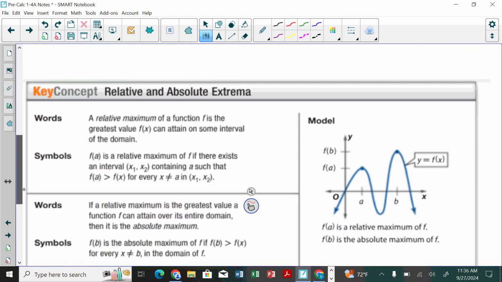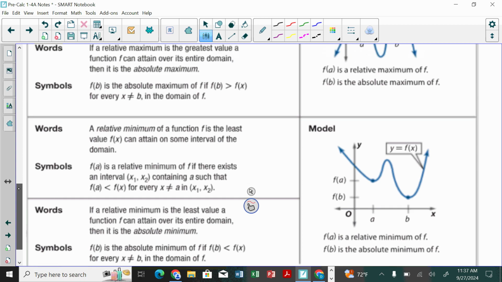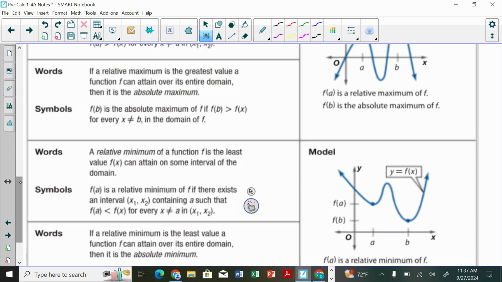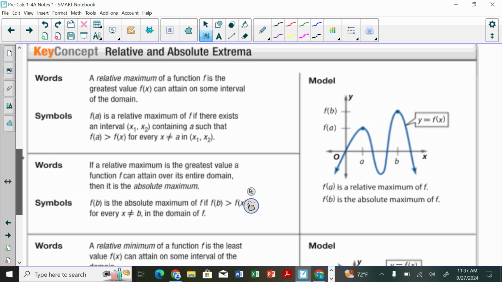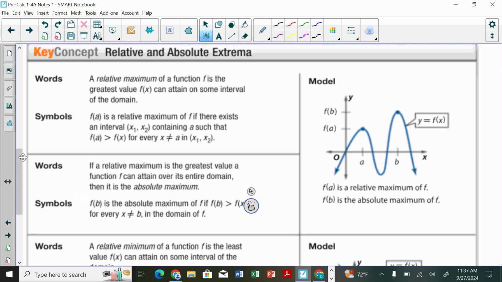Okay, so here is a table again to look at and just go over a few things in here. When we look at this, we're talking about relative and absolute extrema. Okay, so we talk about maximums. We have a relative maximum, and then there's absolute maximums, and then we do the same with minimums.